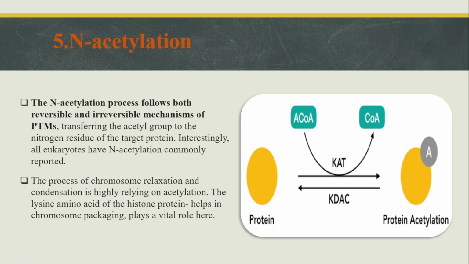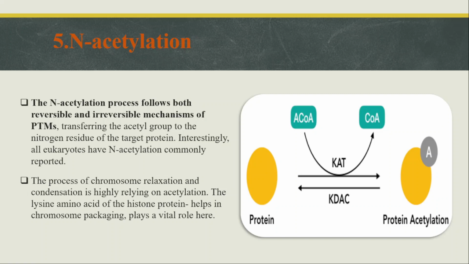The N-acylation process follows both reversible and irreversible mechanisms of post-translational modification, transferring the acetyl group to the nitrogen residues of the target proteins. The process of chromosome relaxation and condensation relies highly on acetylation.